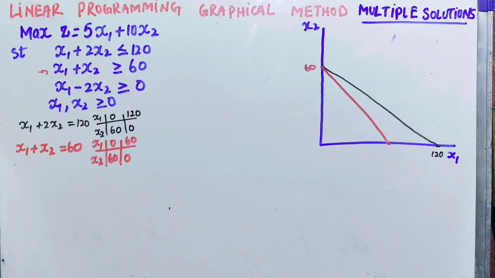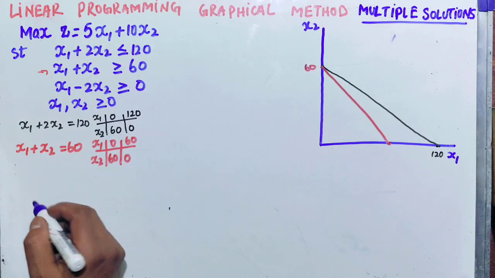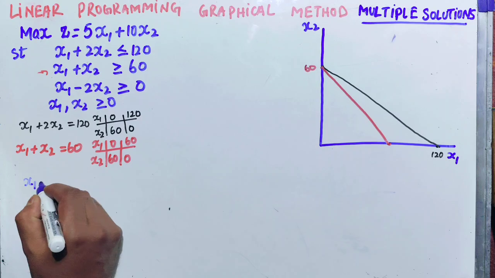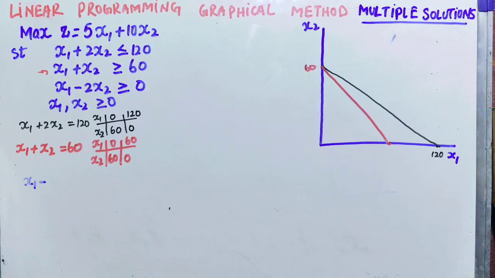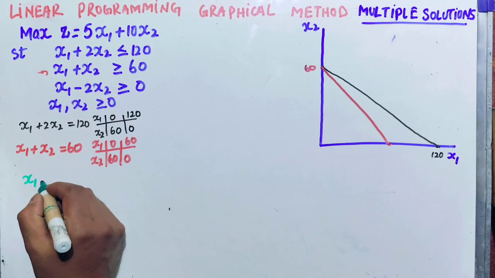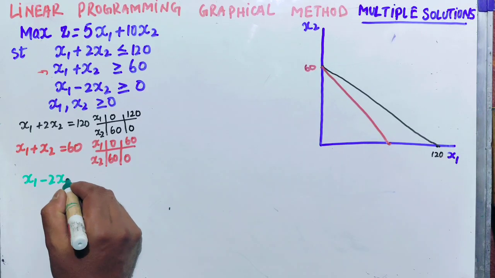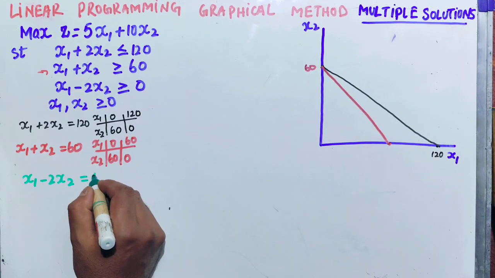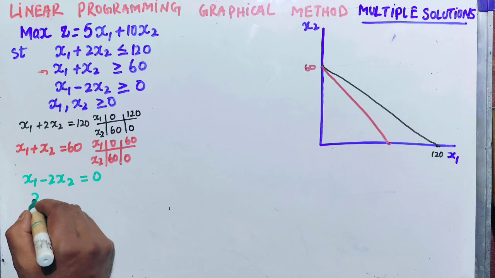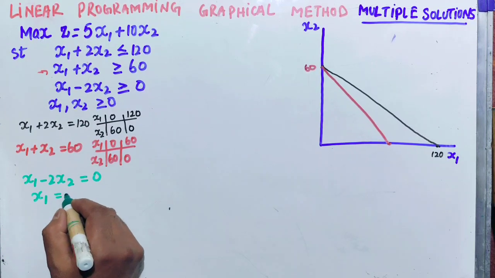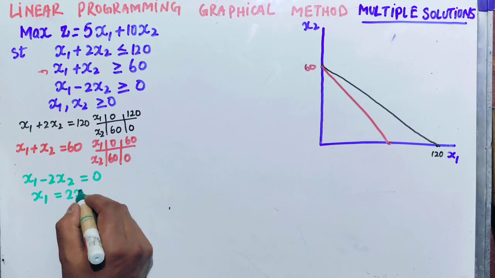Next we have x1 minus 2x2. Let me use another color. x1 minus 2x2 is equal to 0, which means x1 is equal to 2x2.